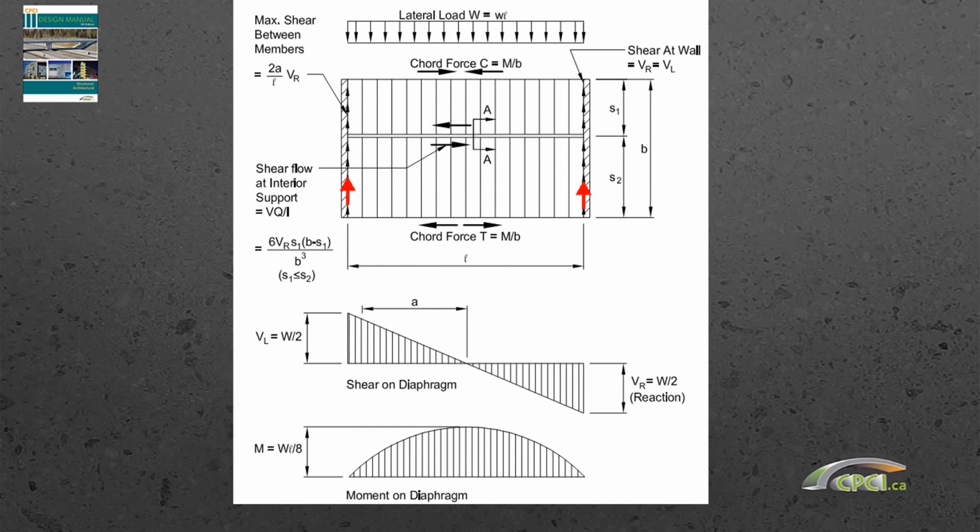You have to look at designing that system because it's not a monolithic concrete diaphragm. It's made up of double T's or hollow cores or slabs or other elements that we need to join together to act as a big beam spanning between those supports.